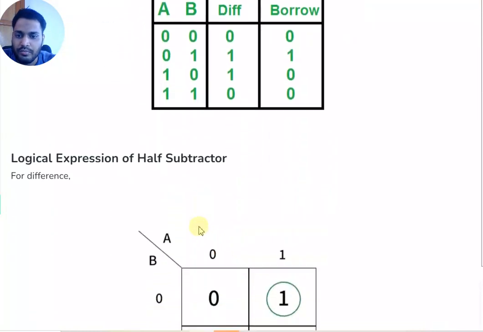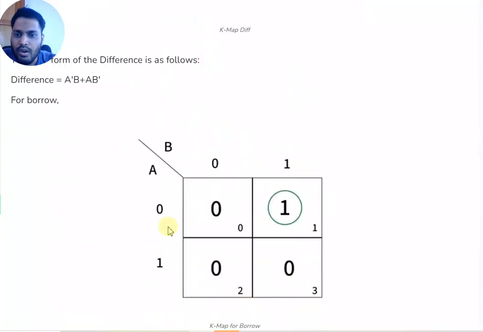Now you got that. For borrow, again you have to write the expression. For A you have two different values, 0 and 1, and for B you have two different values, 0 and 1. So for 0 0, 0 1, 1 0, 1 1 you have to write.